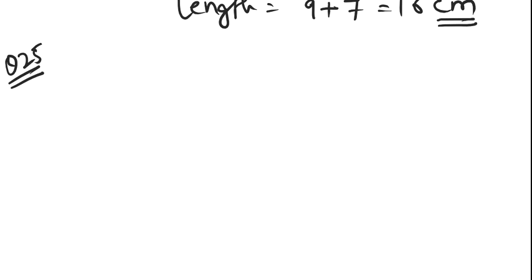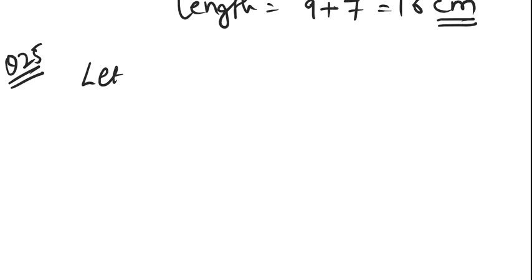So what will we do? We will let the age of the grandson be x years. Write down, let the age of the grandson be x years.